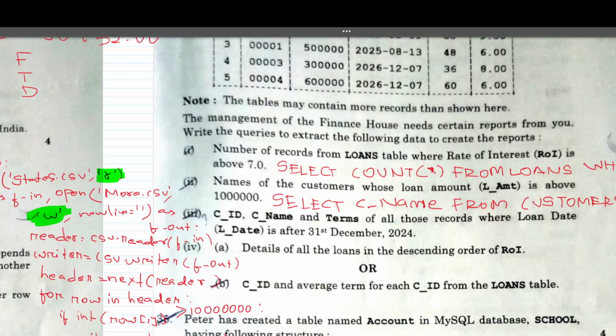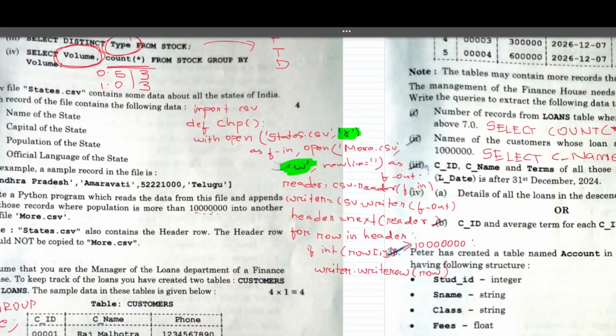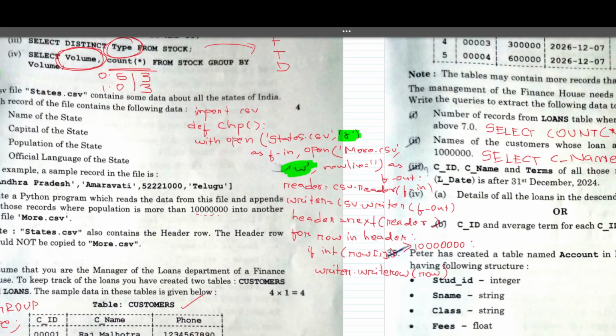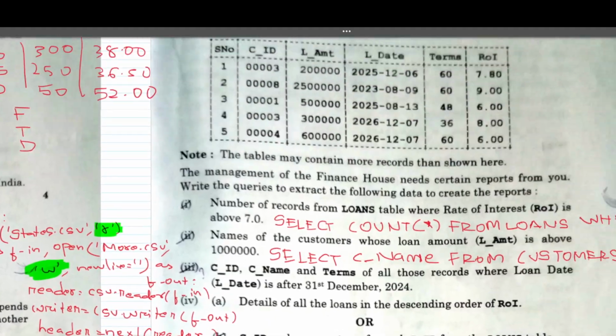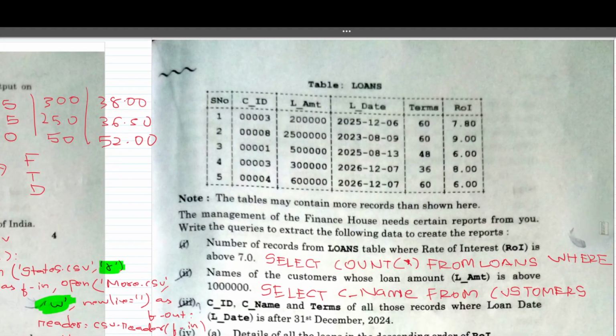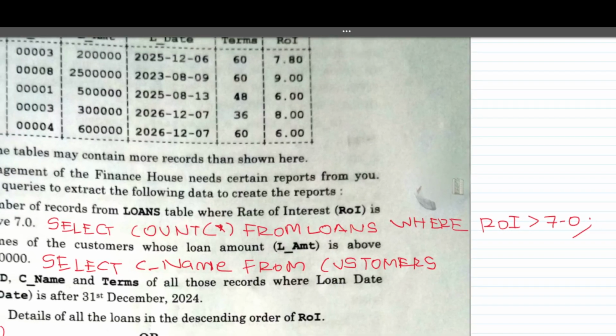Names of the customers of one table need to be taken out as compared to this particular table. So here there should be a relationship that needs to be written, because here we are talking about two different tables. So that is why select the name from customers.